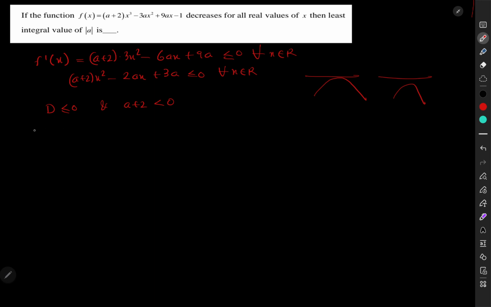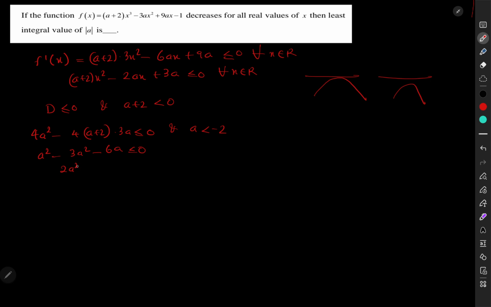So discriminant less than or equal to 0 means 4a square minus 4 into (a plus 2) into 3a should be less than or equal to 0, and a less than minus 2. So we can cancel 4. So we will get a square minus 3a into a, which is 3a square, and minus 3 into 2, 6a less than or equal to 0. So which is minus 2a square minus 6a less than or equal to 0.